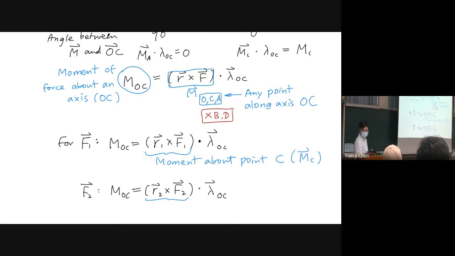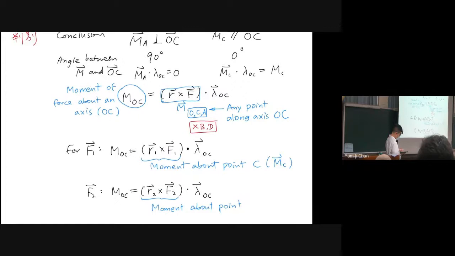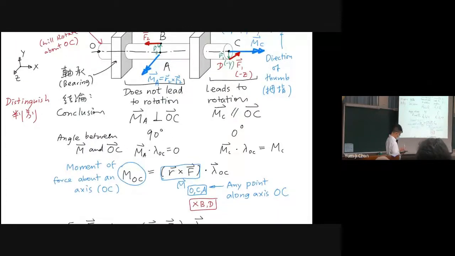Now, can anybody remind me which point this moment is with reference to? We are doing R2 cross F2 here. So F2 is here, and then we take R2 as the moment arm.